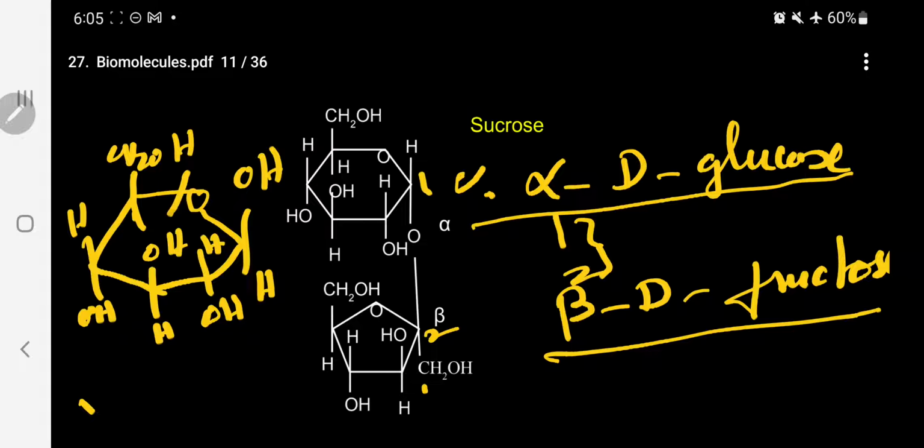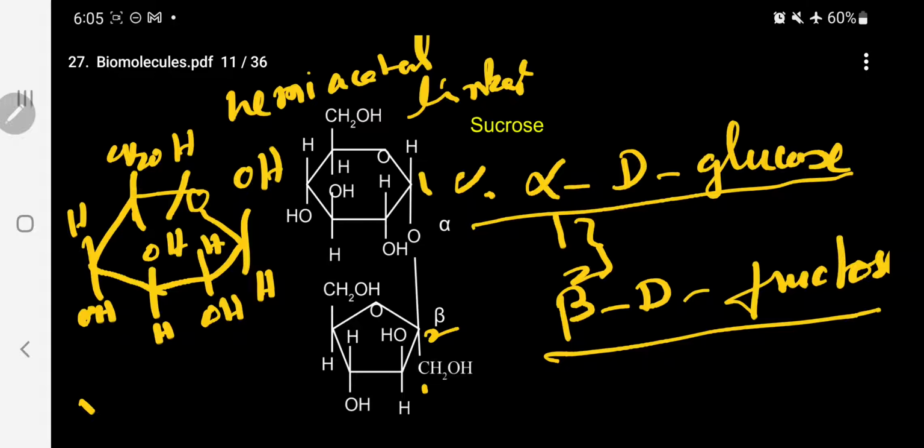This is called hemiacetal linkage. Hemiacetal linkage is easily breakable. Even if you put it into water, it will break. So as such, it is a closed ring. Kindly recollect from aldehydes and ketones: all aldehydes will answer Schiff's reagent, and the magenta color develops.